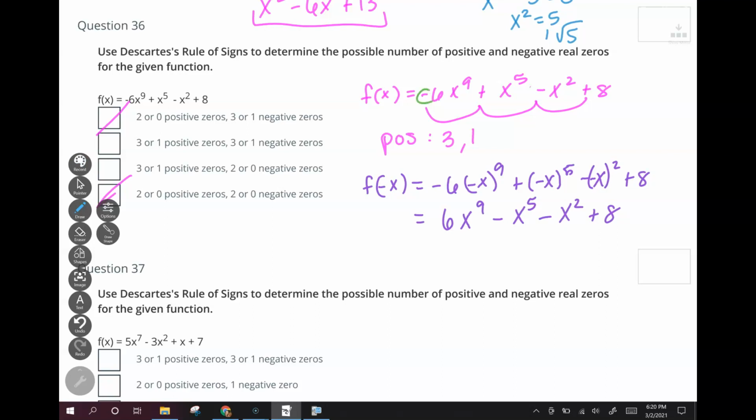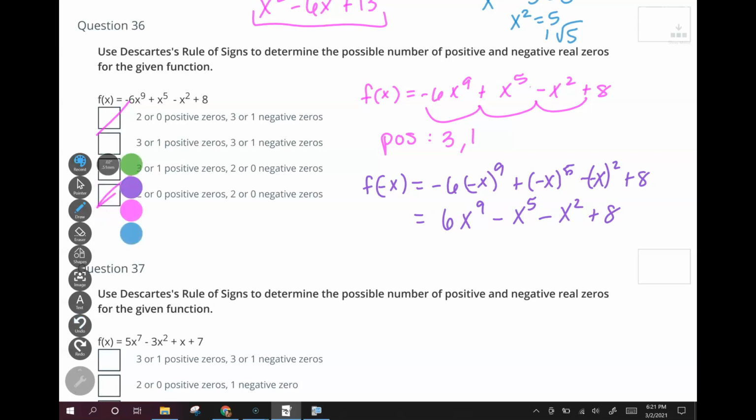Notice the sign changed on this first term from negative to positive. The sign changed on the second term because the exponent was odd, so from positive to negative. The sign did not change on the third term because your exponent was even. So you can keep that in mind.